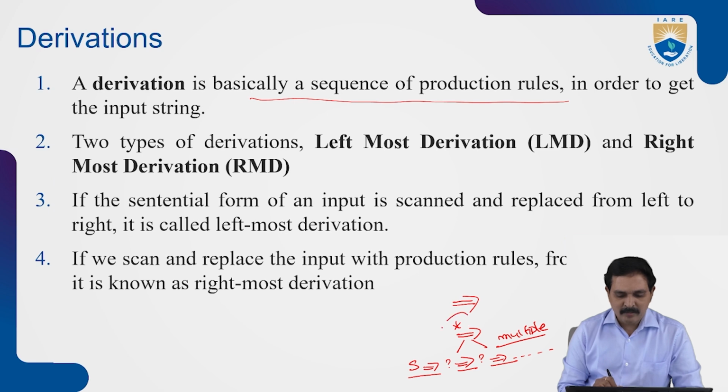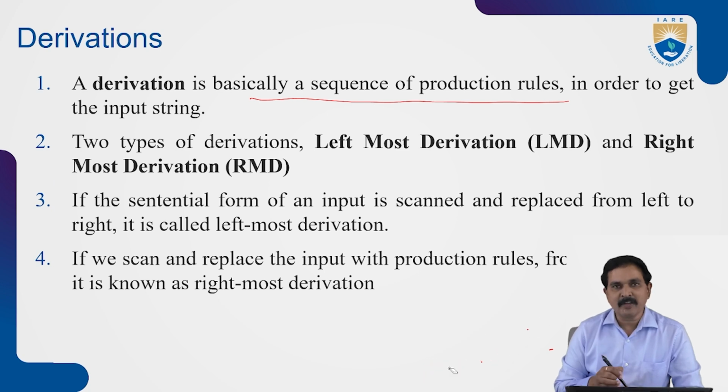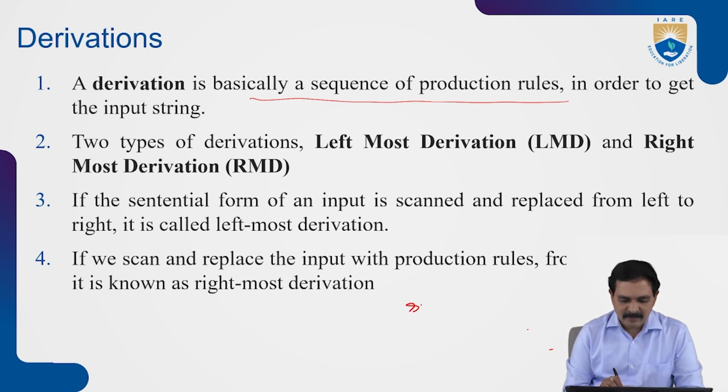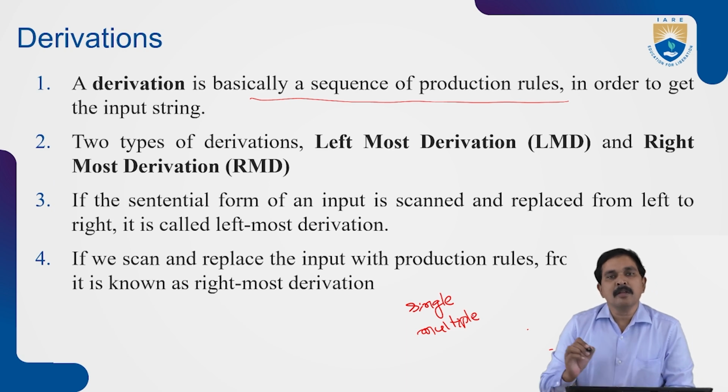At that time, you make use of the derivation symbol and also define the asterisk. In a derivation you can use a single derivation, or you can use multiple derivations, because sometimes you get your required string with a single derivation only, and sometimes it is not possible to get your required string within a single step, so you use multiple steps.